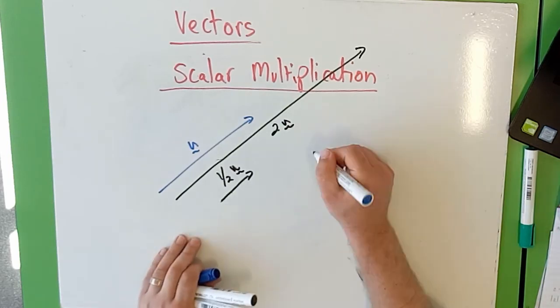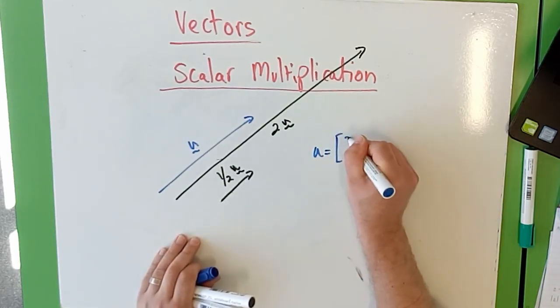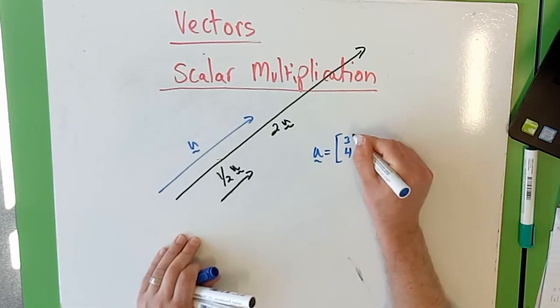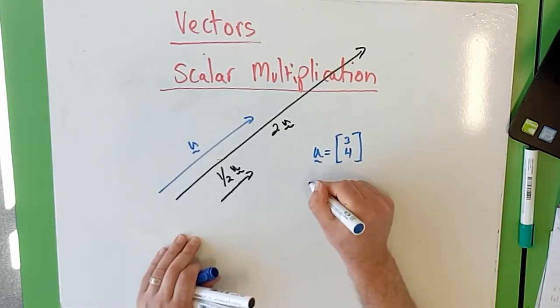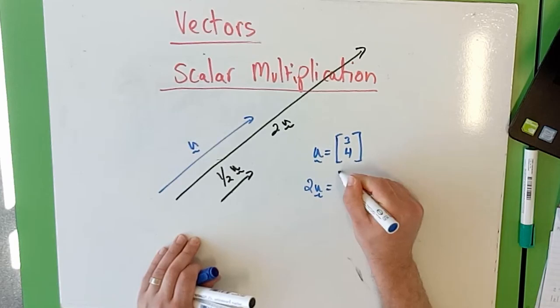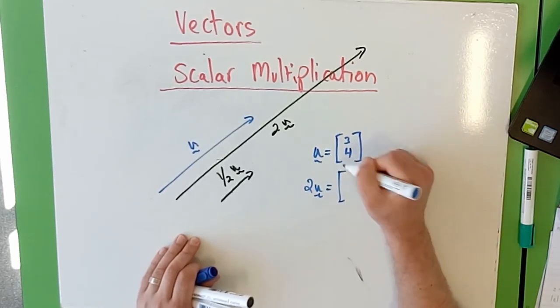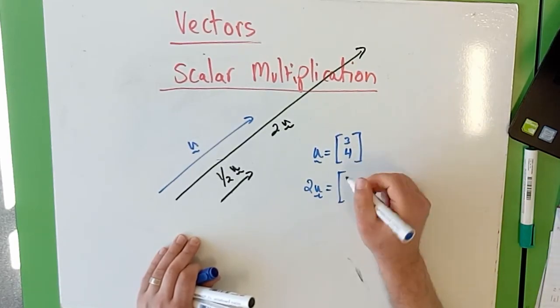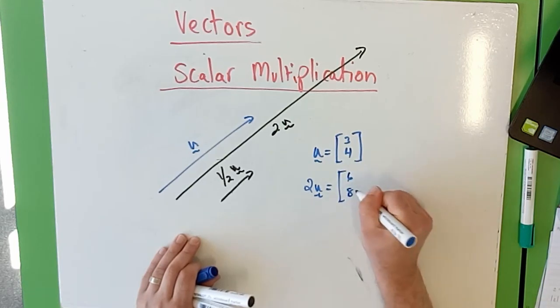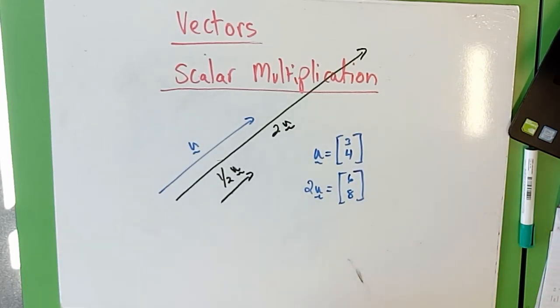If you had u equal to 3, 4, and I wanted twice u, of course I'm just going to double the column vector here. So that's going to be 6 and 8. That's it. So that's scalar multiplication. Of course, you can also have the 0 vector.